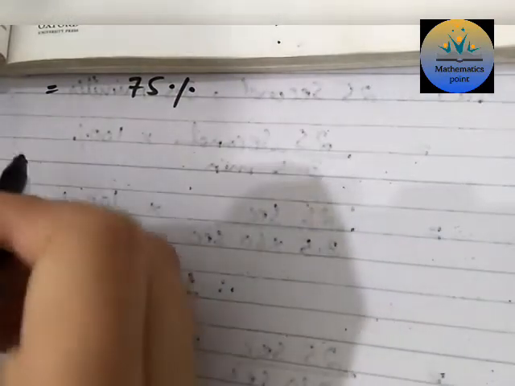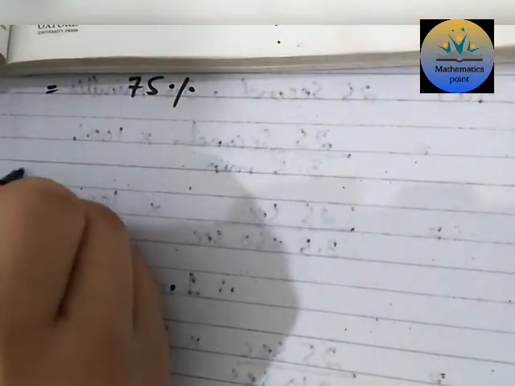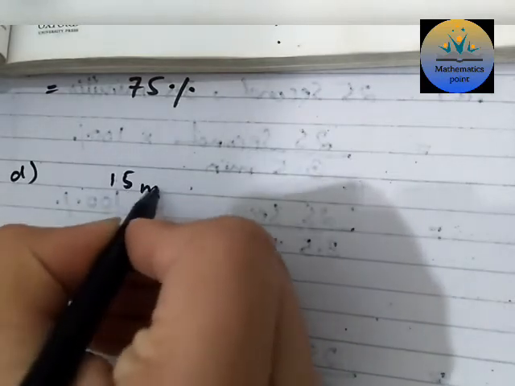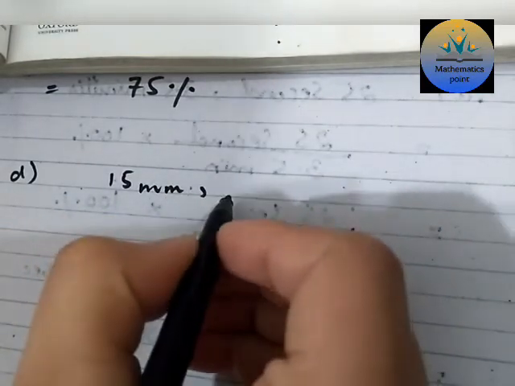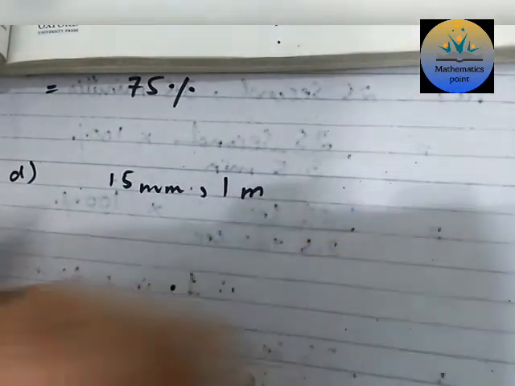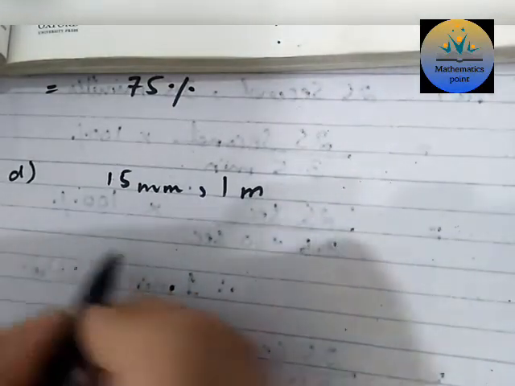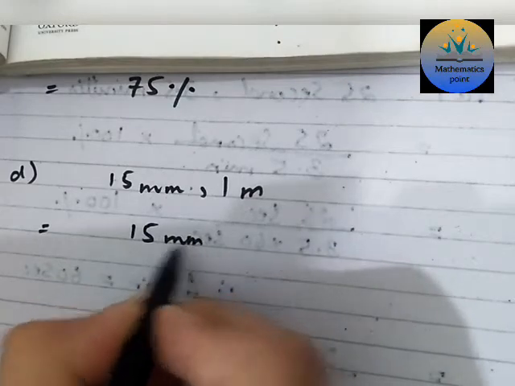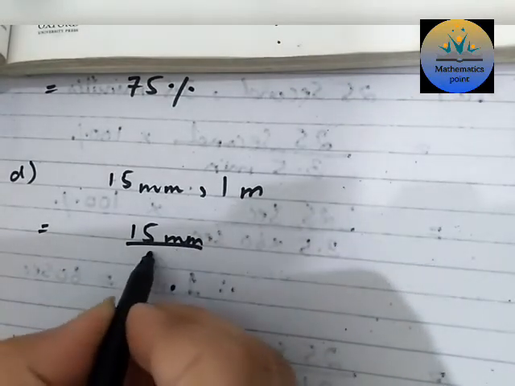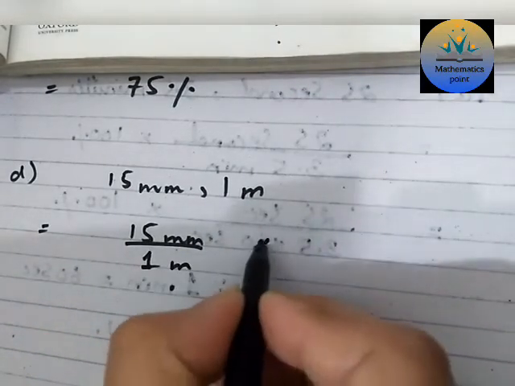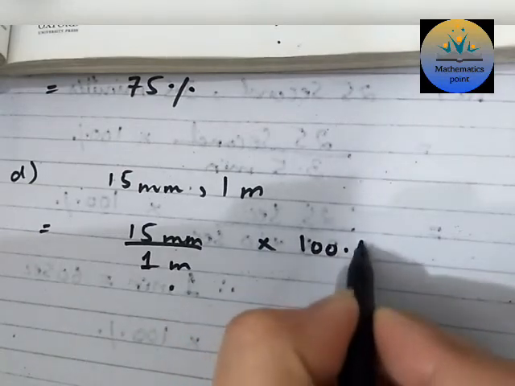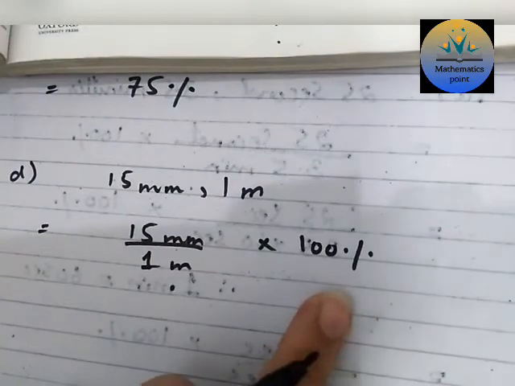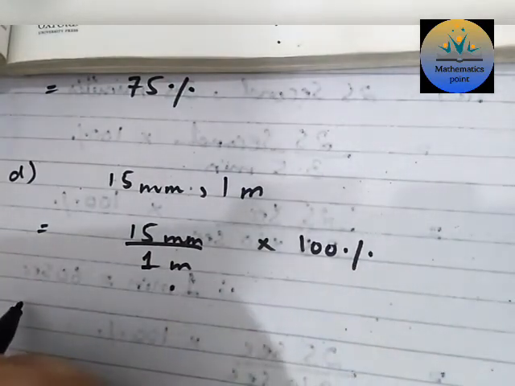Next part that I'm going to solve is part D, in which we have to represent 15 millimeters as a percentage of 1 meter. Again, the term that we want to represent goes in the numerator and the other in the denominator, and we multiply by 100% as we want our answer in percentage.